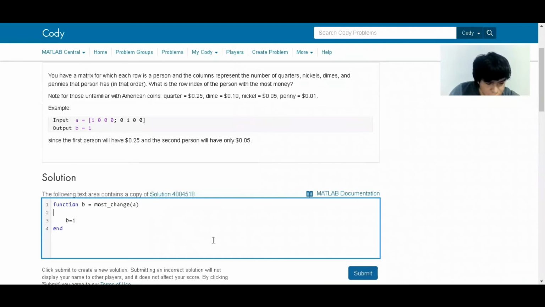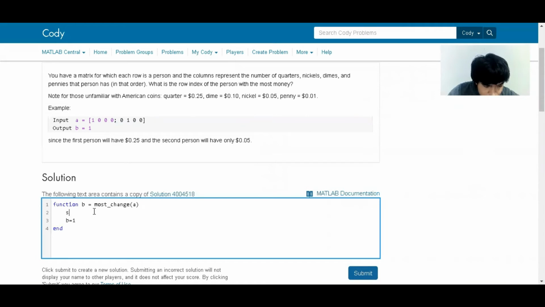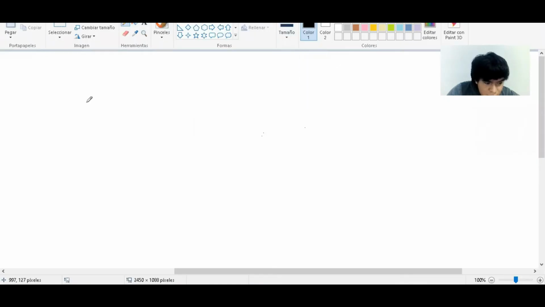So first of all, we have to understand how big is our input matrix. So we are going to define S as the size of the matrix. And then we're going to say that size is a function that defines a vector where the first value is A, or whatever value it gets, that represents the number of rows a matrix has.